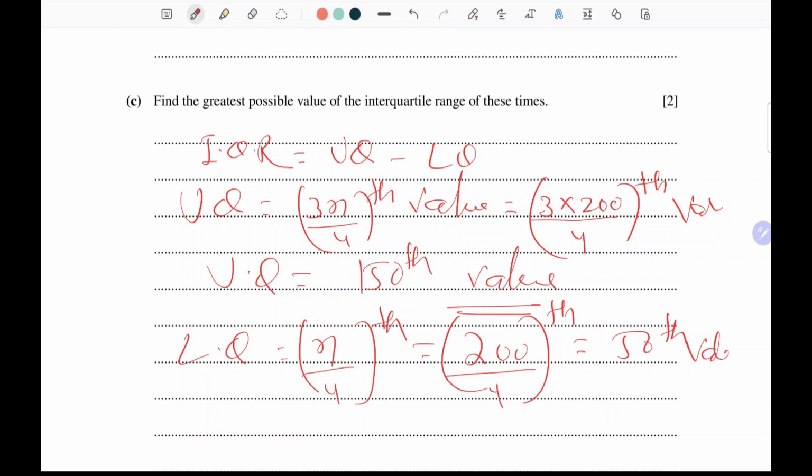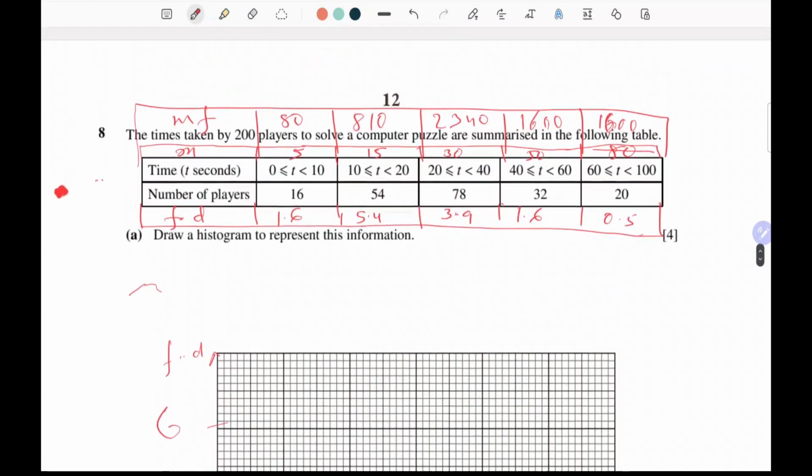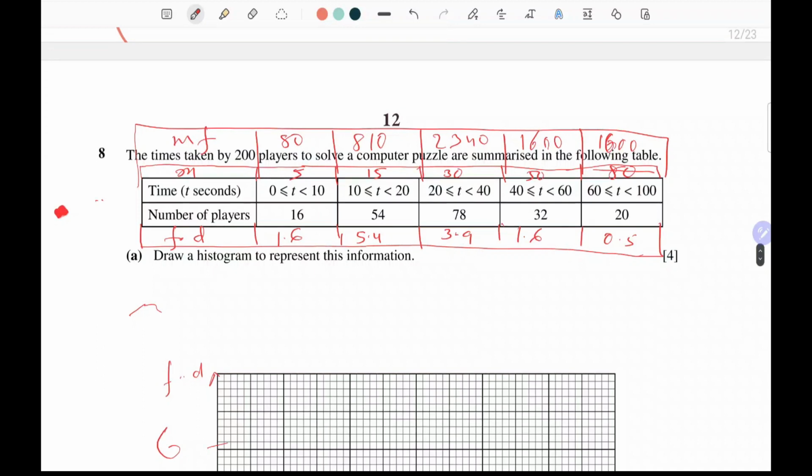Now they're not asking about the interquartile range itself, they're asking about the greatest possible value of the IQR. Maximum in IQR is what? So we have to check in which class our 150th value goes. So let's check here. Now again we have to find the cumulative frequency. So this is CF.